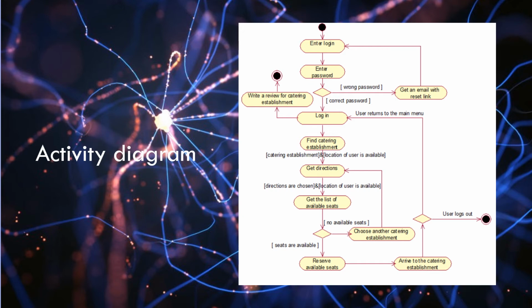If seats are available, reserve available seats. Arrive at the catering establishment. On this step, the user can log out or go back to the main menu, where he or she can write a review for the catering establishment or continue finding another food place.